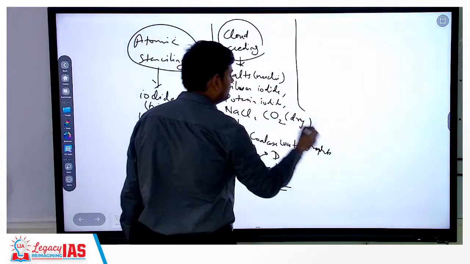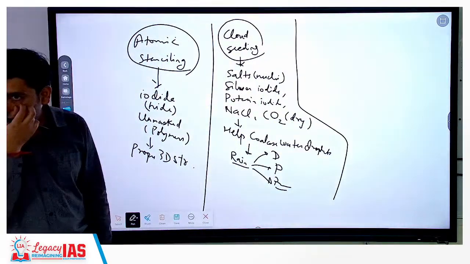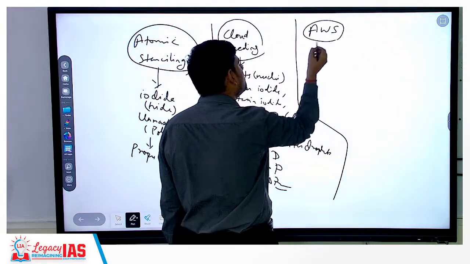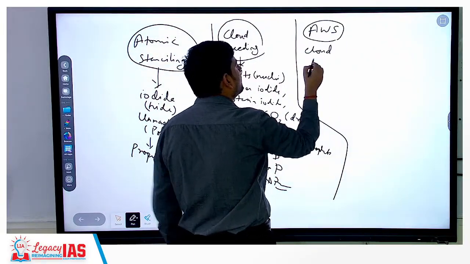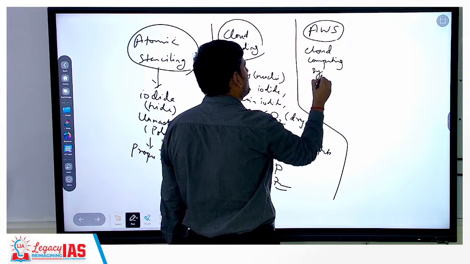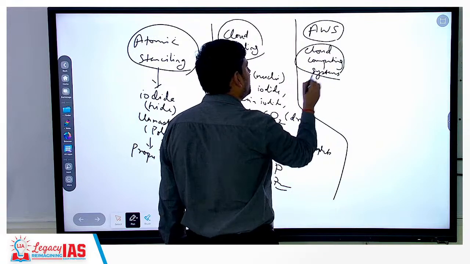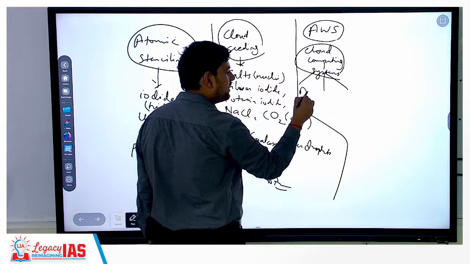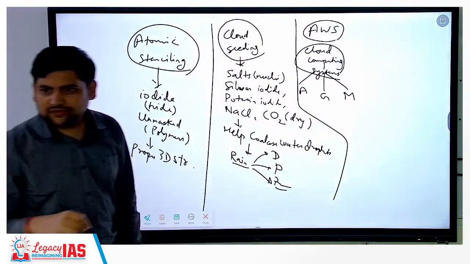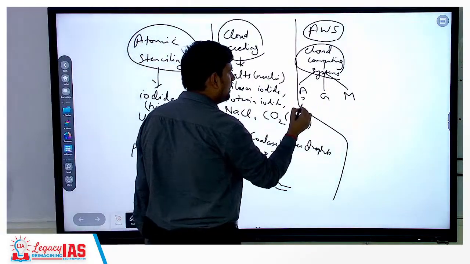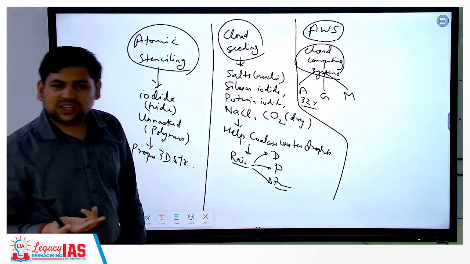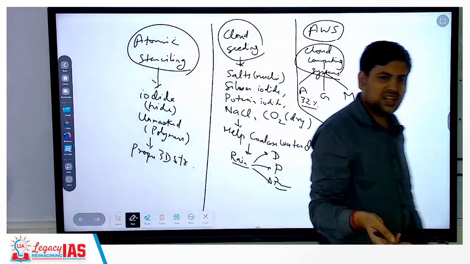Then third is what? AWS. In AWS you need to know about major cloud computing systems. What are they? Three are there. One is by Amazon, one is by Google, and one is by Microsoft. Correct? Now Amazon covers 32% of it. Because of this outage, there are issues, as many things are dependent on this.